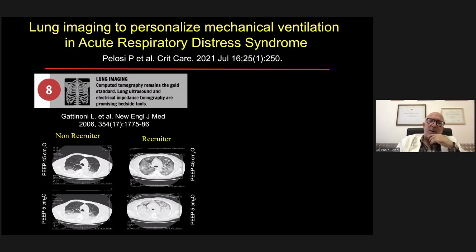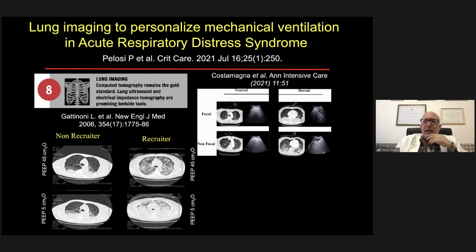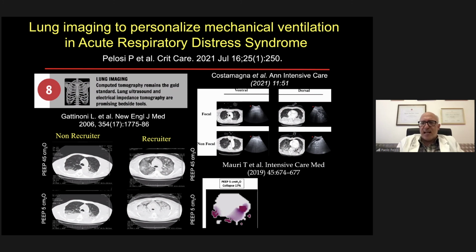The wide densities in ARDS, but also focal and non-focal alterations, may be detected by lung ultrasound, and EIT might also be helpful. So different strategies might be helpful, and again, I would like to emphasize strategies that may be used at the bedside.